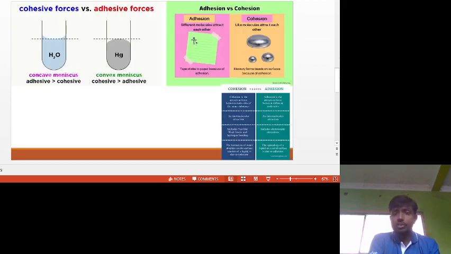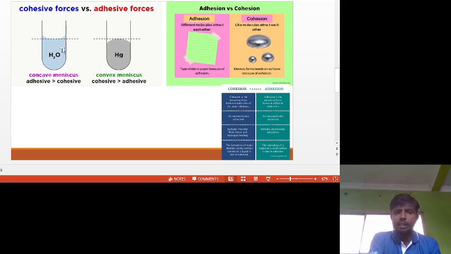As an example, H2O, water, forms a concave meniscus. Adhesive force is more because the corner molecule at the interface of the water and solid has molecular attraction and more stiffness, so adhesive force is more.